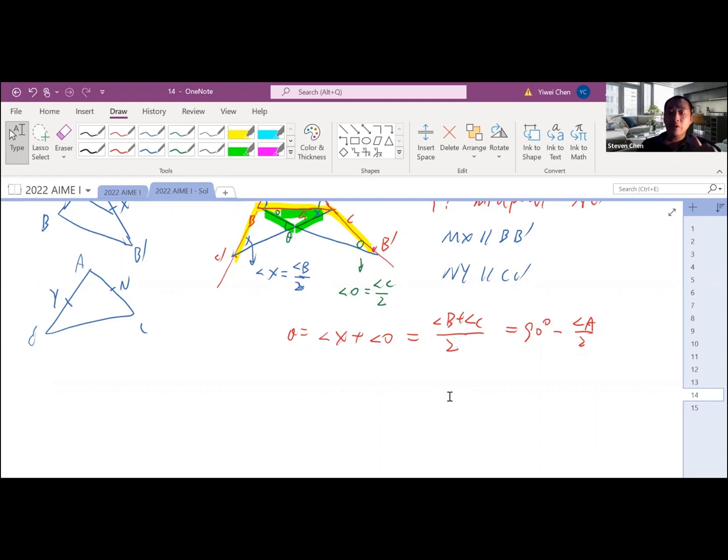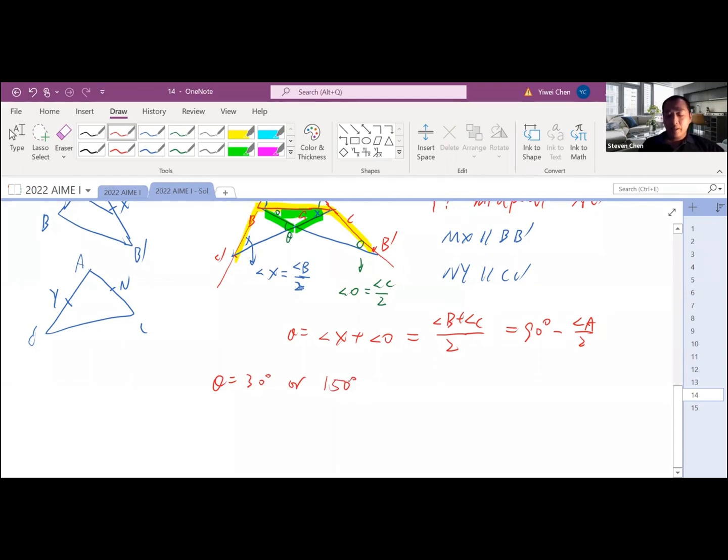And another possibility is that it's the supplement of 30, so that could be 180 minus 30, which is 150. So when we say two lines cross each other and form an angle of 30, it gives two possible solutions for theta: it could be equal to 30 or its supplement 150.